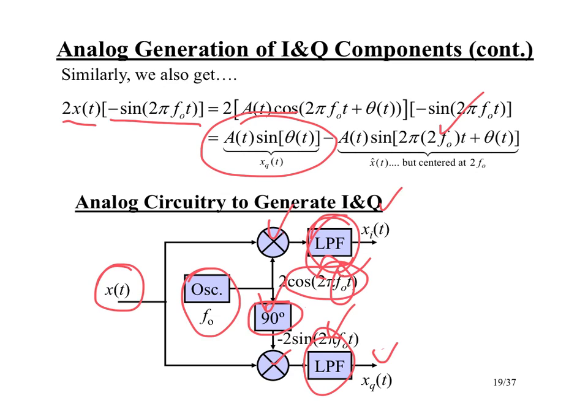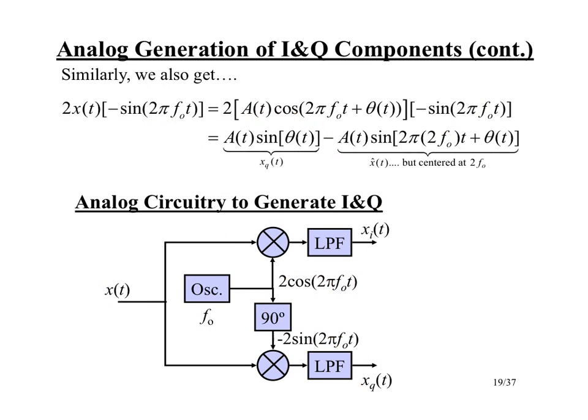You can build these low-pass filters pretty nicely. You can build oscillators, and you can build mixers. So obviously, there's lots of effort involved in making sure these things are built well, but all of these things are very doable. And so once we do that, we've got a very nice structure that we can use to generate these low-pass equivalent signal components.